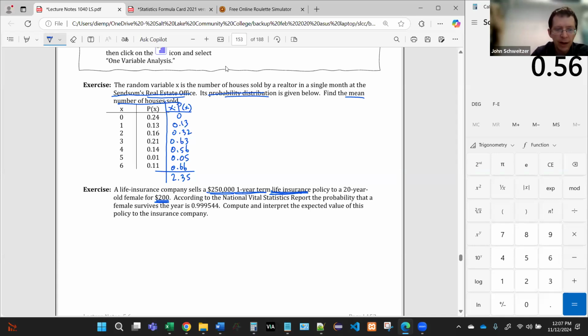Do they charge 500? Do they charge 50? Should they have a $250,000 policy? Should they have a $100,000 policy? Well, it depends mostly on how likely it is the person will need it. I know it's somber to talk about, but it's basically how likely it is that this person will die during the course of the 12 months.